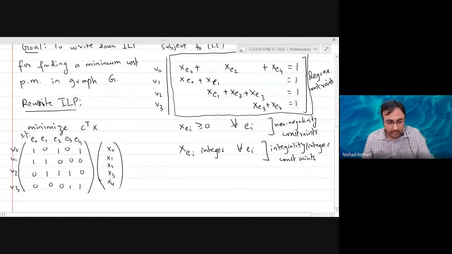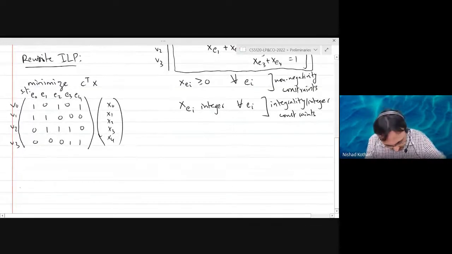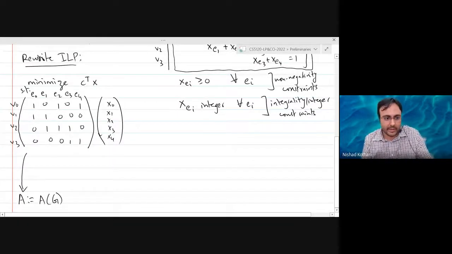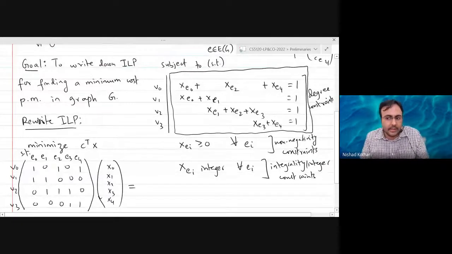This is exactly what is called the incidence matrix of a graph. In case you don't recall, this is what it is. In this example, I'll just call it A. But if the graph is G, then we are going to write it as A of G in case we need to specify which graph we are referring to. And what do we want this to be equal to? Can someone tell me what the right hand side is?